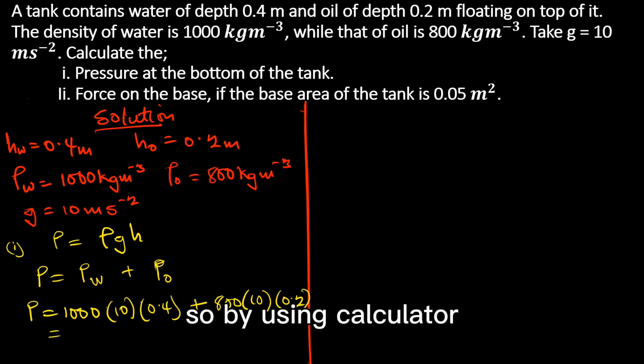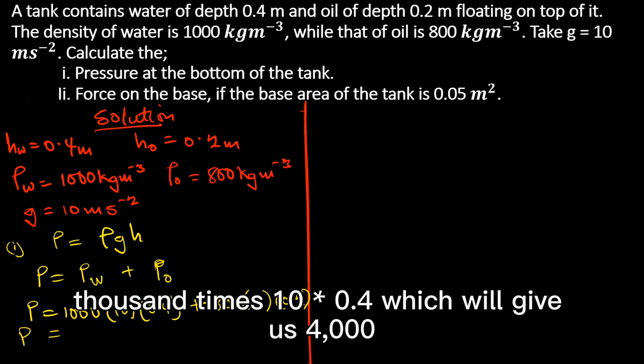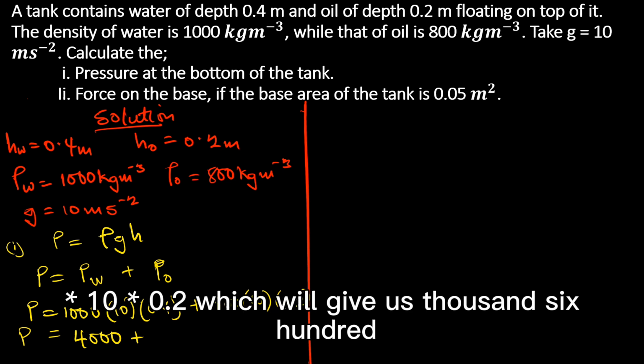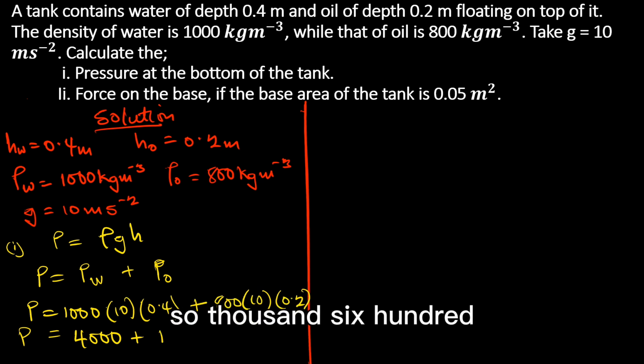Okay, so by using calculator, 1000 times 10 times 0.4 will give us 4000. So 4000 plus 800 times 10 times 0.2, which will give us 1600.